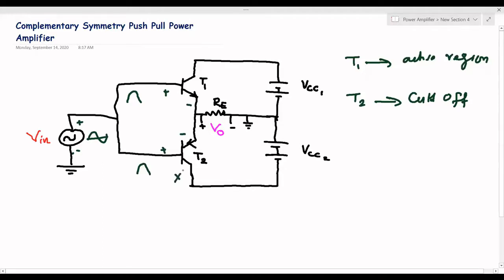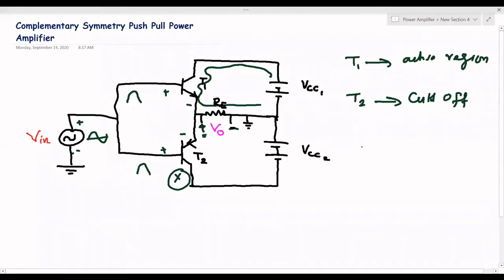T2 will not draw current, whereas T1 will draw current from the power supply VCC. The current moves from VCC in this direction and comes to the ground, so you will get a voltage across V0. With respect to the ground, V0 is also positive.